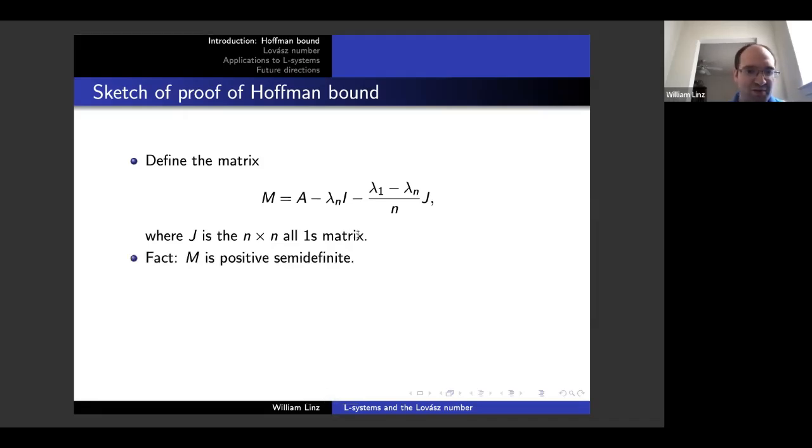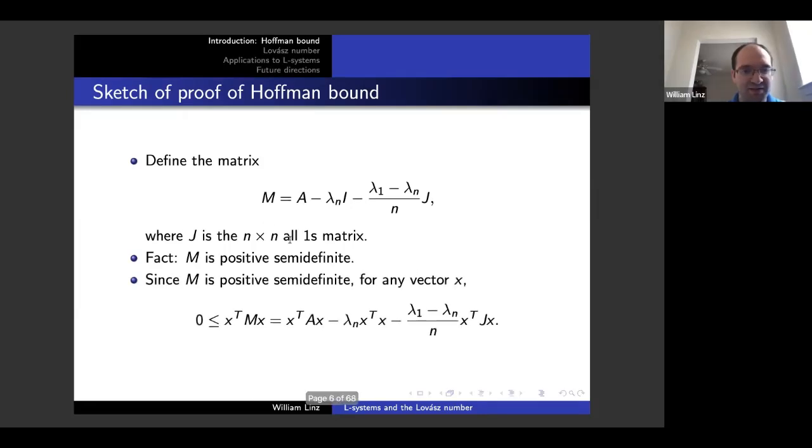A fact that I'm not going to prove in any detail is that M is in fact positive semi-definite. You can figure out what the eigenvectors of M are by the fact that G is regular, so the all ones vector is an eigenvector for A, and also for J and for I. Then you just compute all the eigenvalues, or at least bounds on them, and they'll all be at least 0, which implies that the matrix M is positive semi-definite.